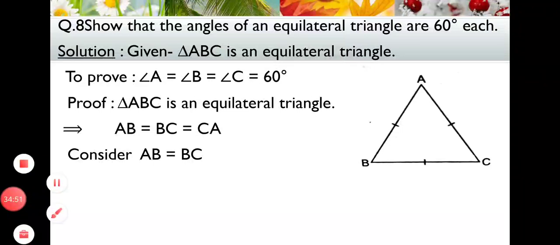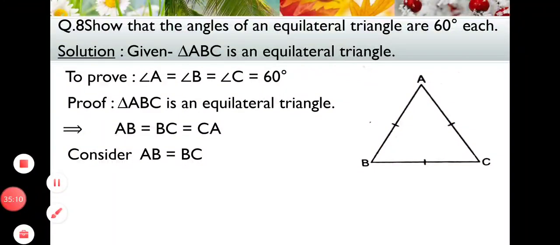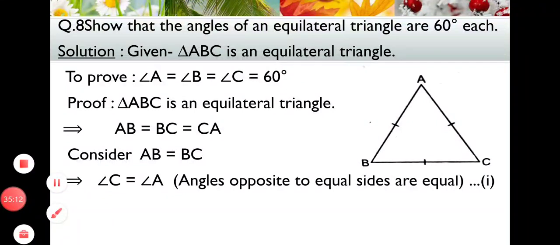You can select any other two sides, it's not a problem, but here we will select BC equals CA. So again we will get angle A equals angle B. Ultimately we will get that all the three angles are equal. Let's solve further. This implies that angle C equals angle A, that is, angles opposite to equal sides are equal. Let it be number 1.